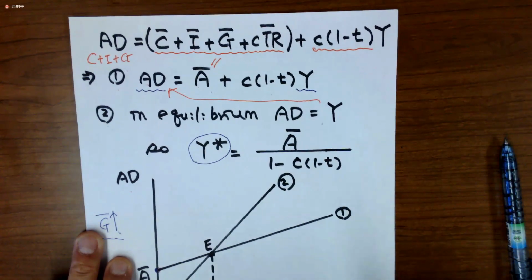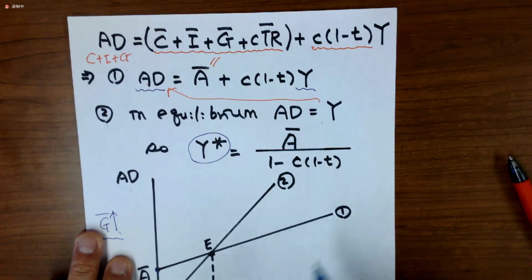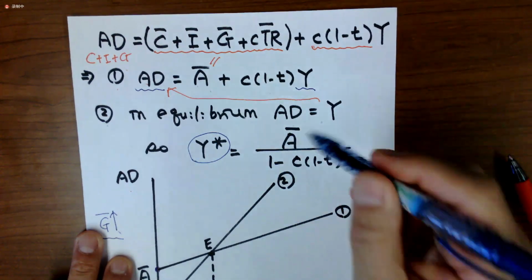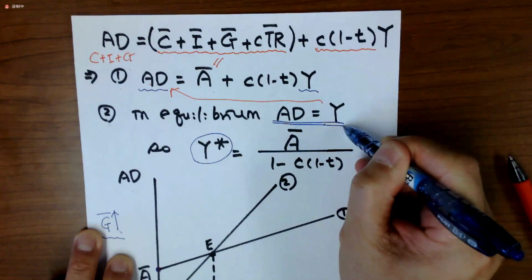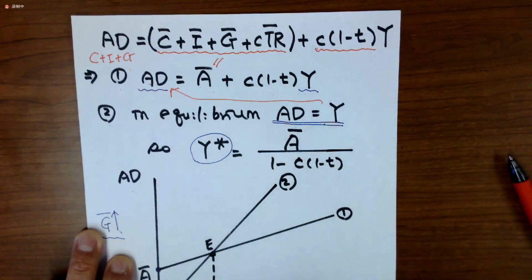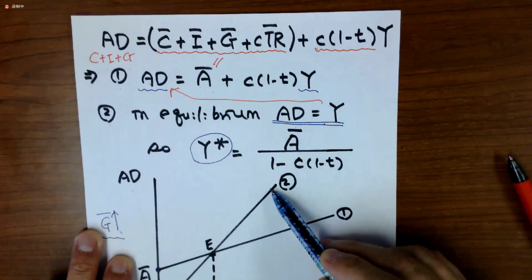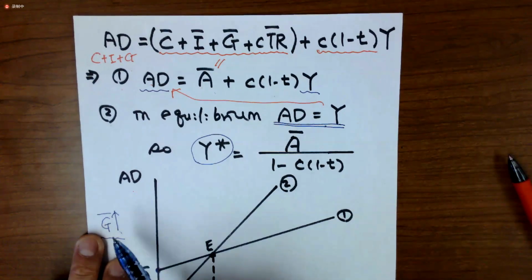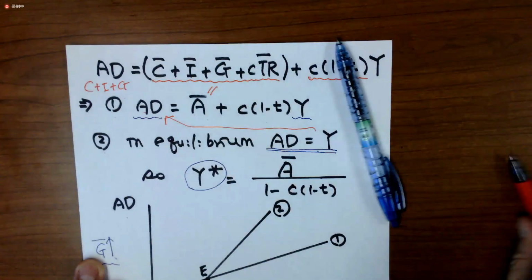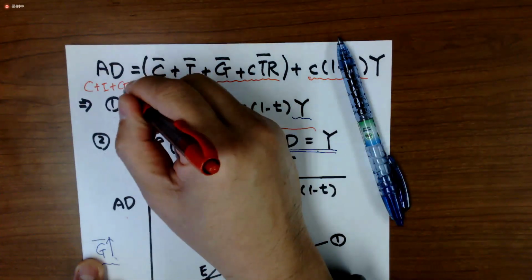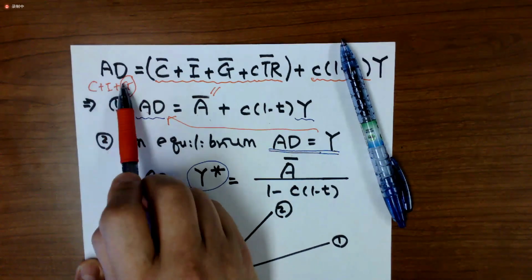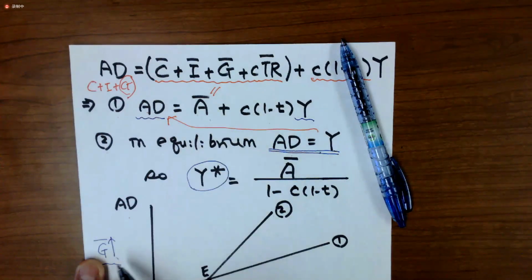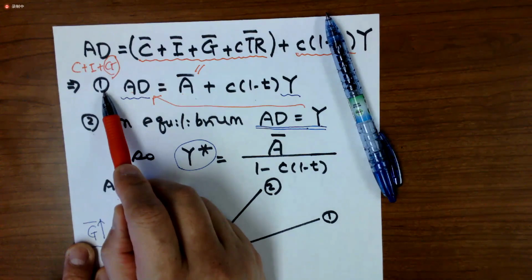No. Equation 2 will not change because equation 2 is the equilibrium condition, which is always represented by the 45-degree line. Government spending is part of the aggregate demand, very good. So a change in government spending will affect equation number 1.